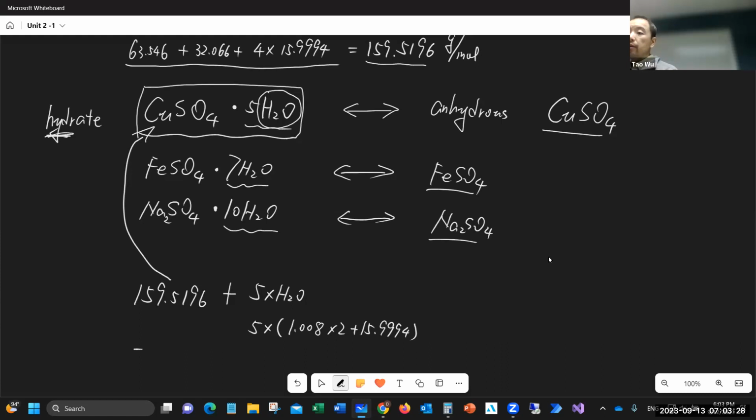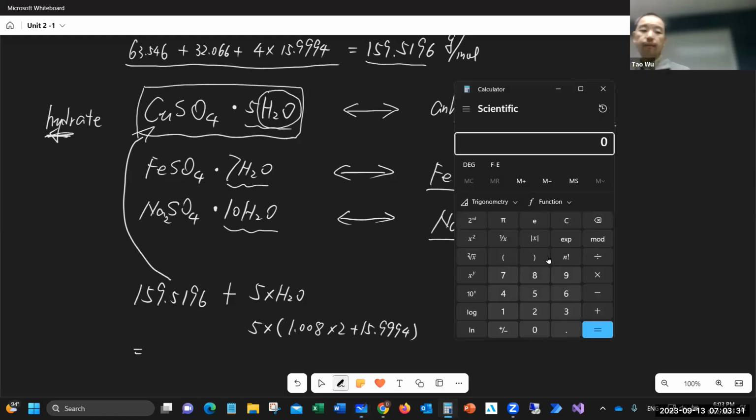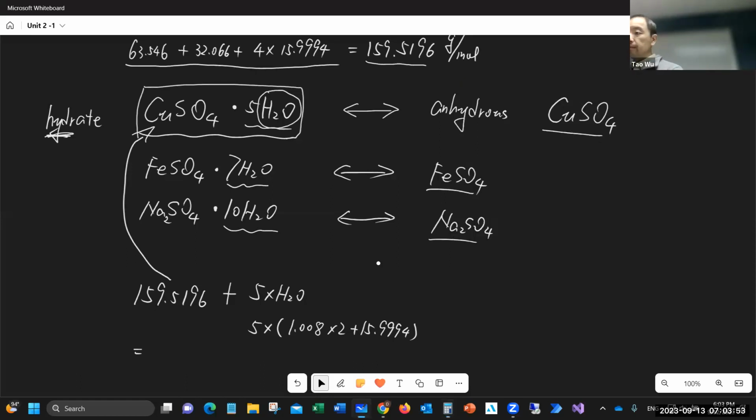Okay, and then you can figure out the mass: 159.5196 plus 5 times parenthesis 1.008 times 2 plus 15.9994. And we got 249.5966.